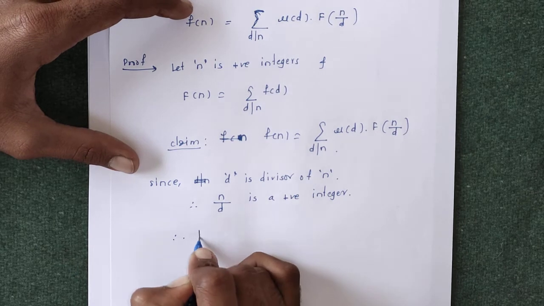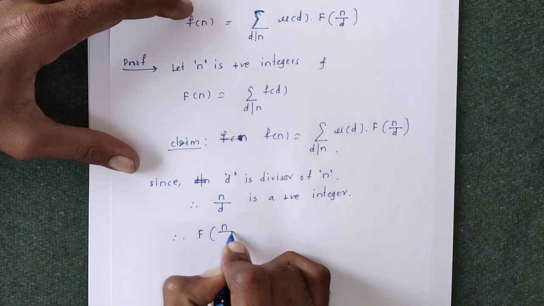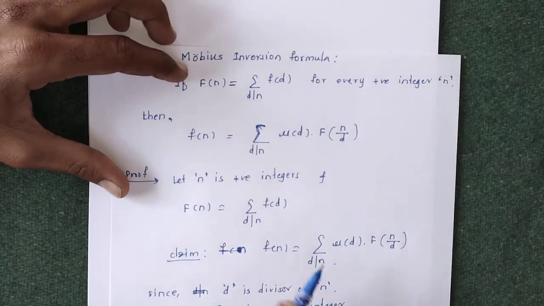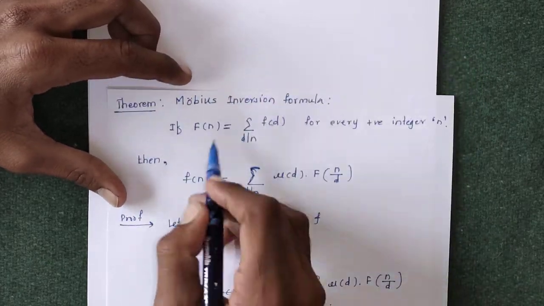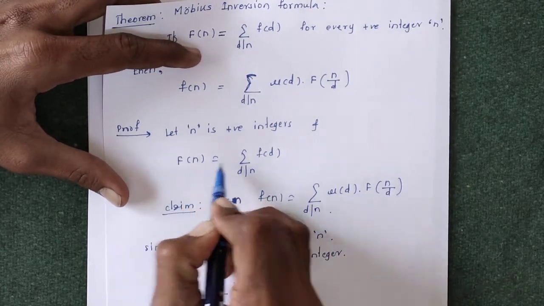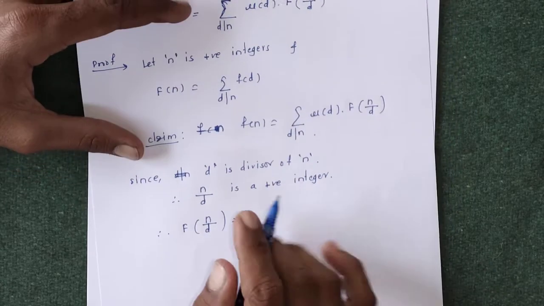So we can apply the capital F on this number. By definition of capital F, F of n is equal to the summation of f of d, where d is a divisor of this number.